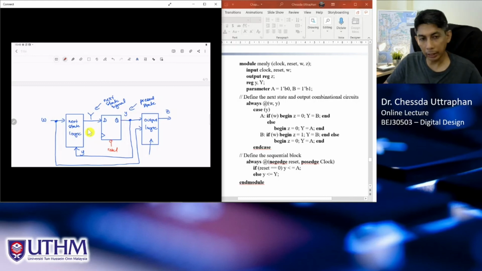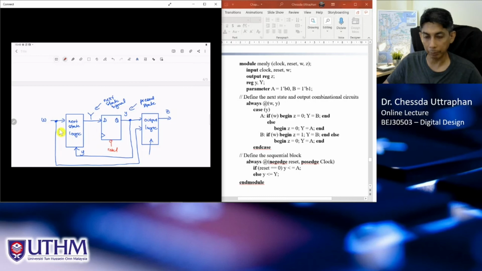The difference between the other problem is the input and the output, which later on we will see, because this one we have only one input and one output. But next time, for other examples, we may have more than one input and more than one output. But the main structure is still the same like this.